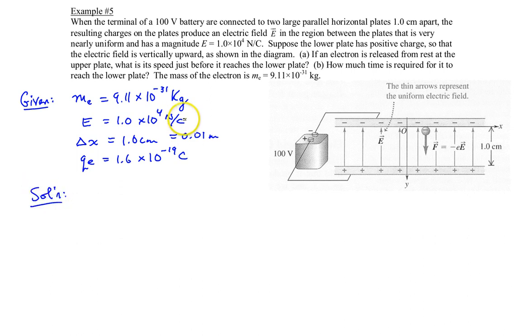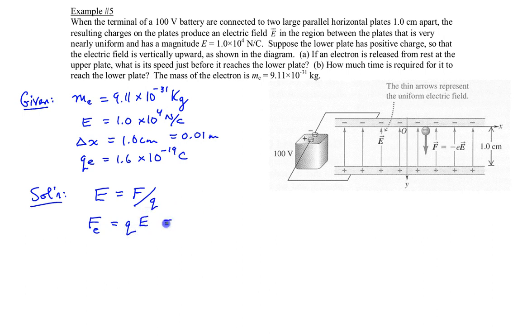If we know the electric field and we know the charge of an electron, we should be able to determine the force, because we learned earlier that the electric field is defined as the force per unit charge. So if we cross multiply, we'll find that the electric force, we'll call that Fe, is Q times E, the strength of the electric field.